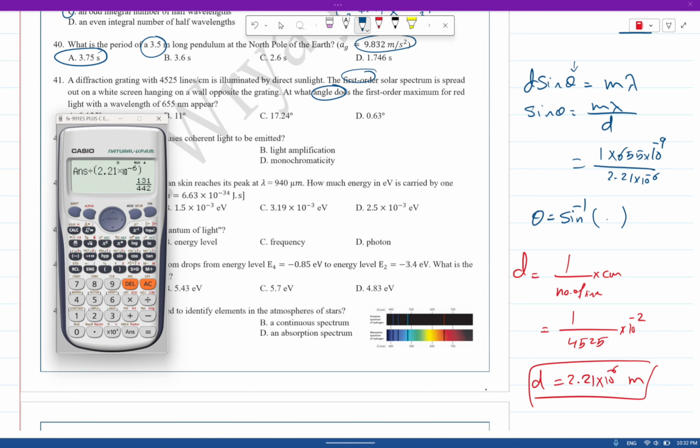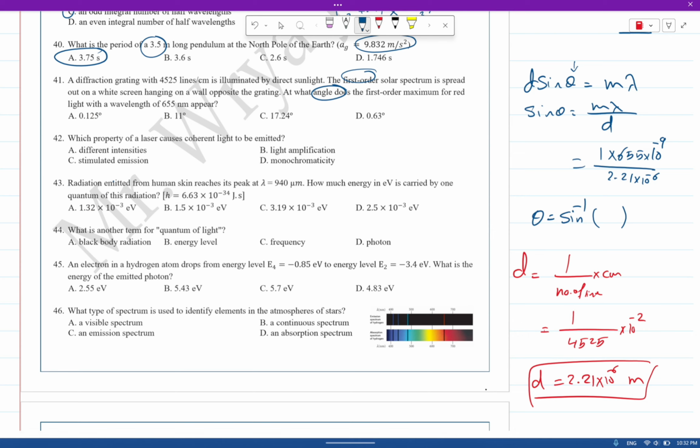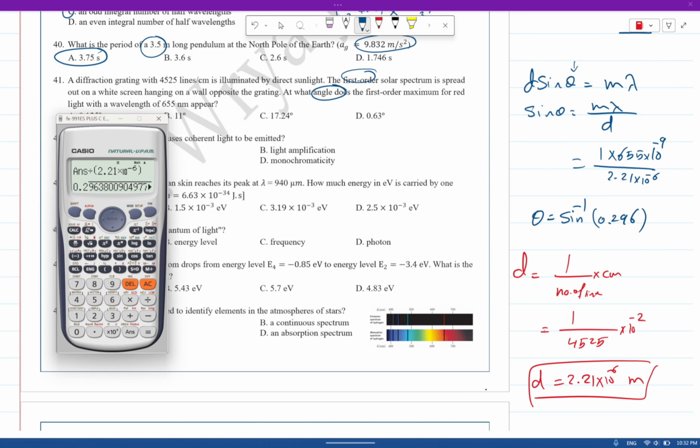So the answer is basically 0.296. Let's just read 0.296. Okay, now take the sine inverse of that.